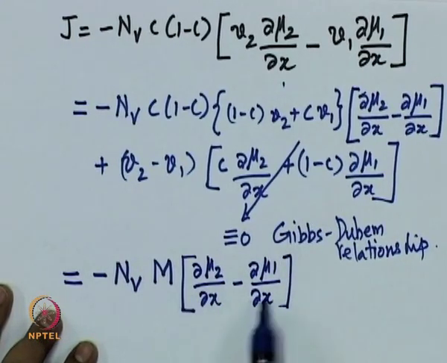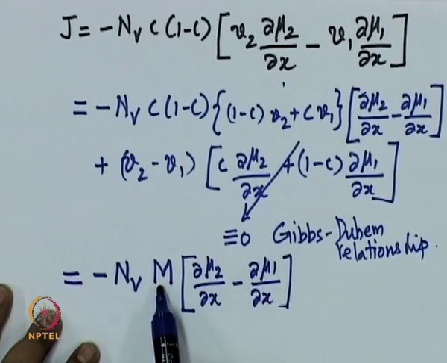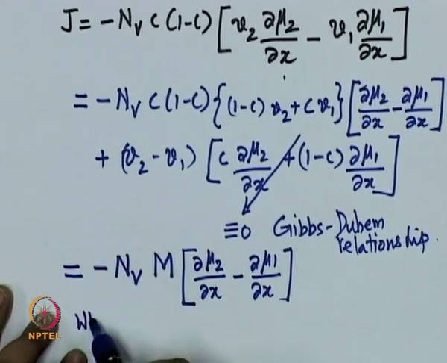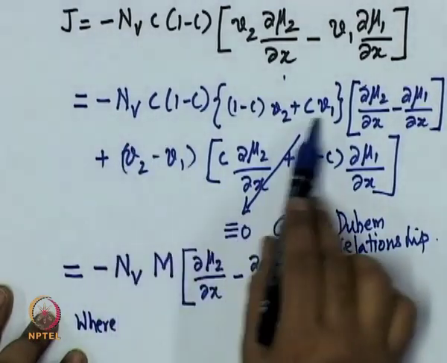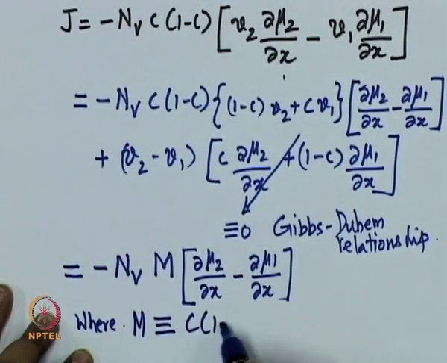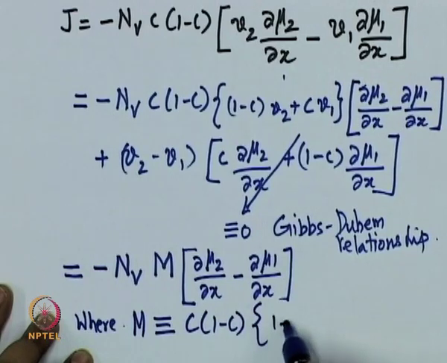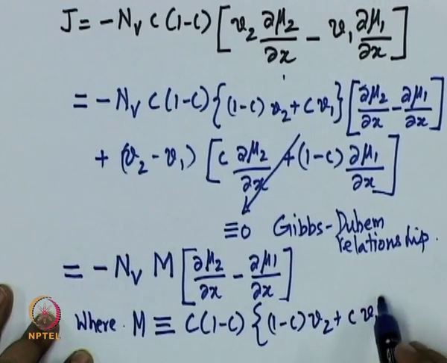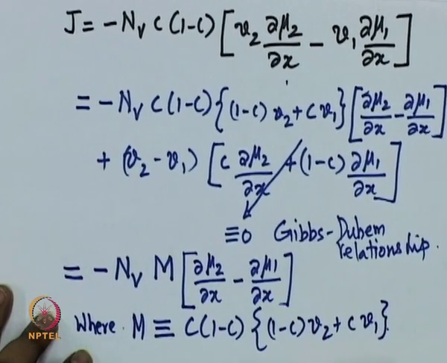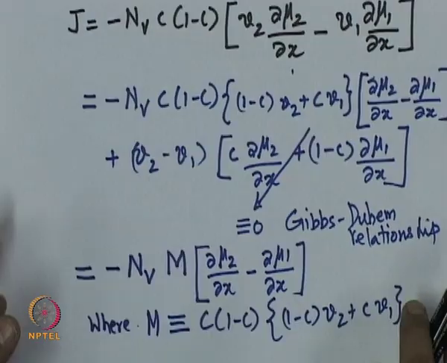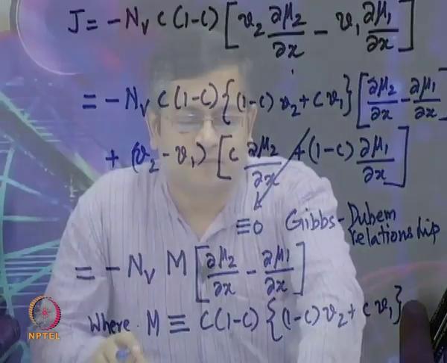This is the diffusion potential and this is the mobility times N V. Obviously I have written all this as M. So, M is nothing but C times (1 minus C) times [(1 minus C) V2 plus C V1]. Okay. So, this is how we have defined it, and so let us proceed further.